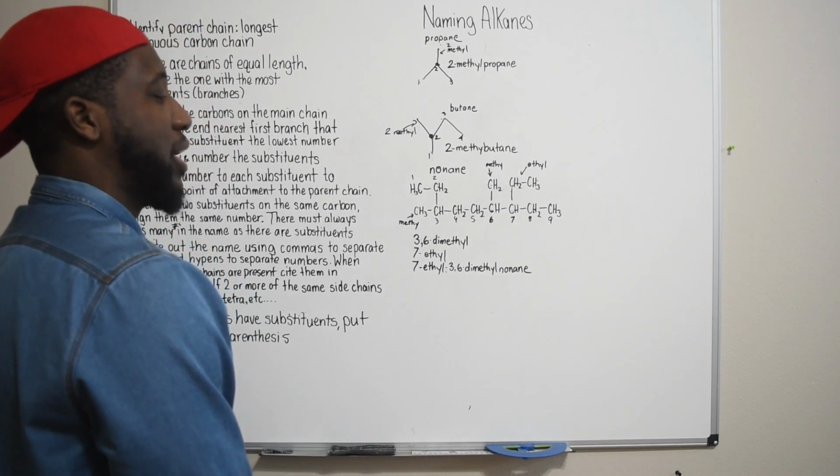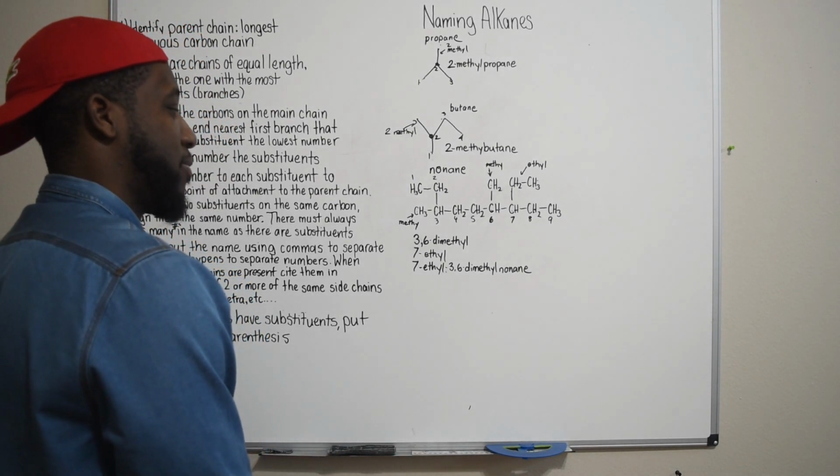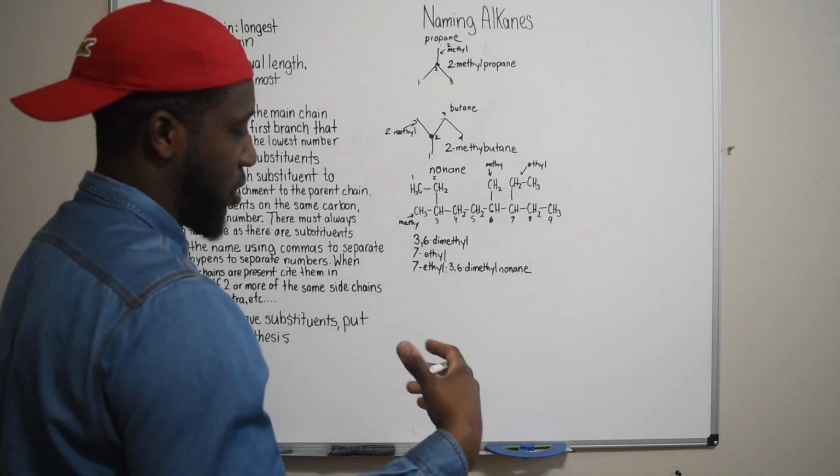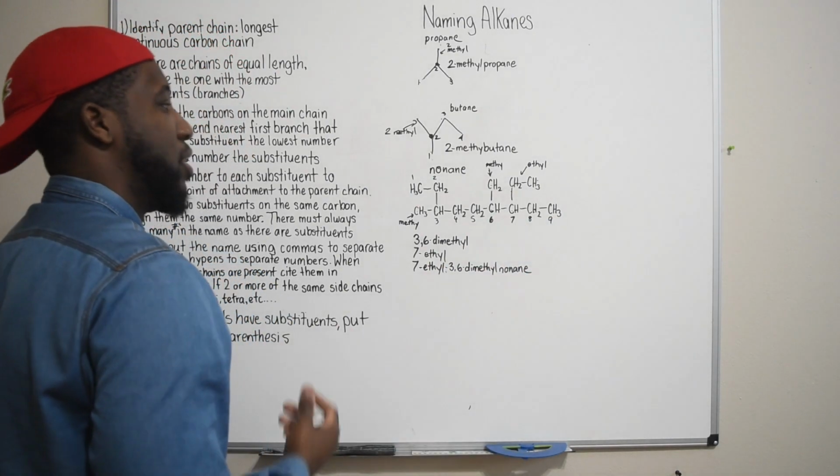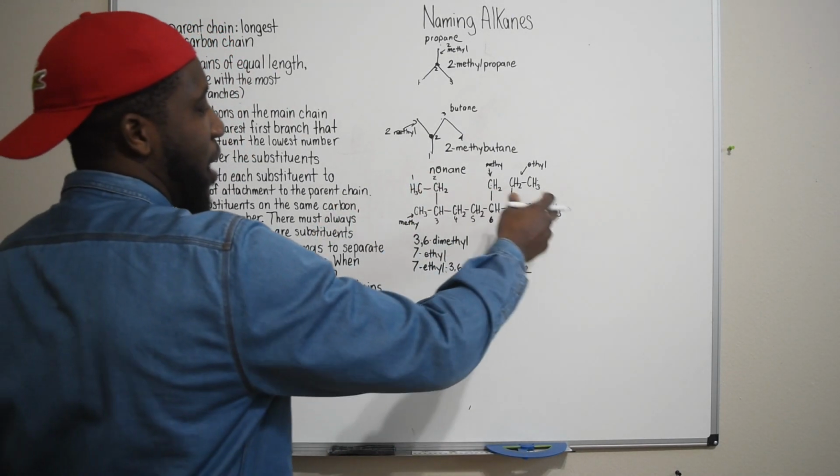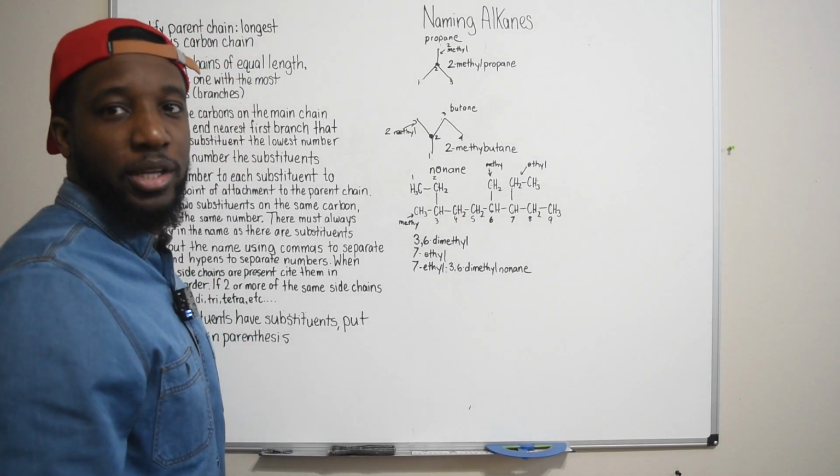Are they alphabetized? Yes, they're alphabetized. Ethyl, E comes before M. That's if we numbered it that way, but then we need to number it correctly.